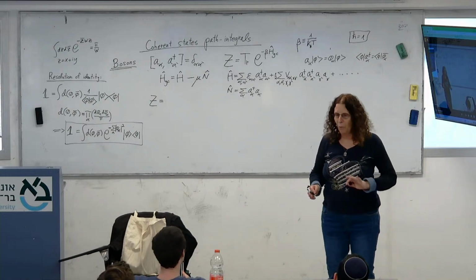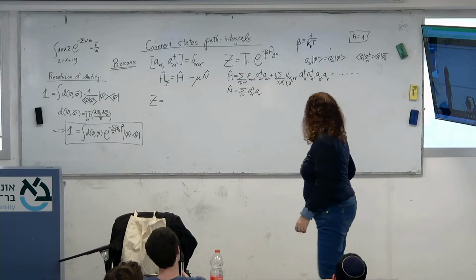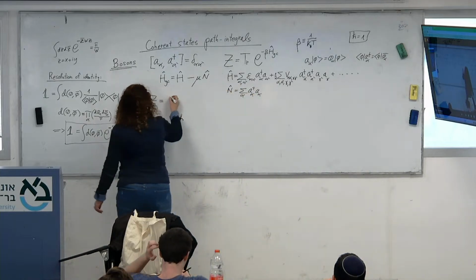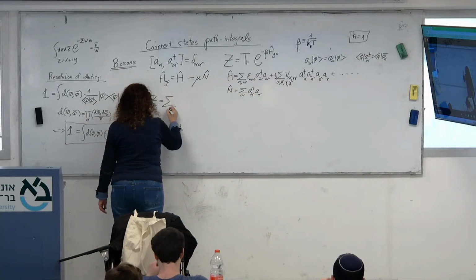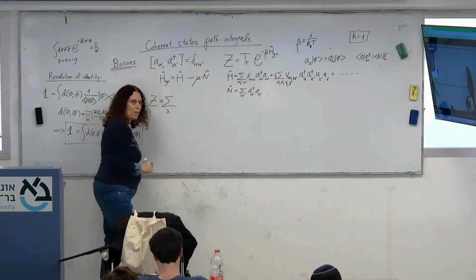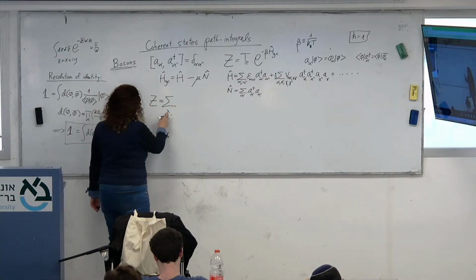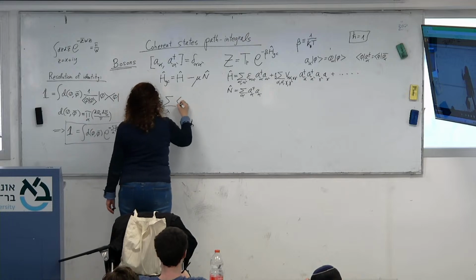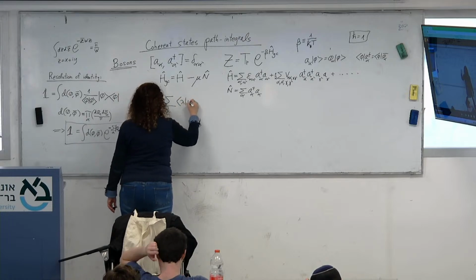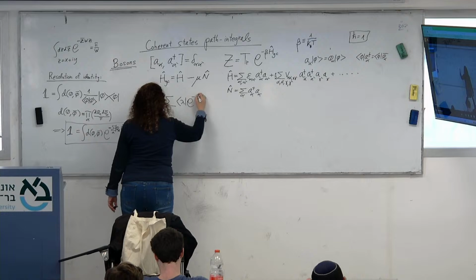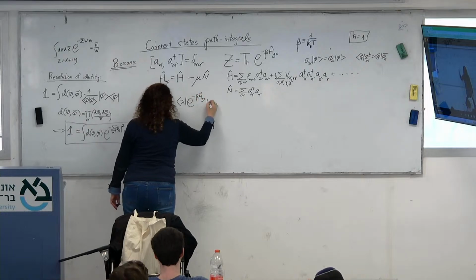It doesn't matter what basis it is, but formally, if it's a complete basis, not overcomplete, it's just the sum over lambda of lambda, e to the minus beta H gc, lambda.